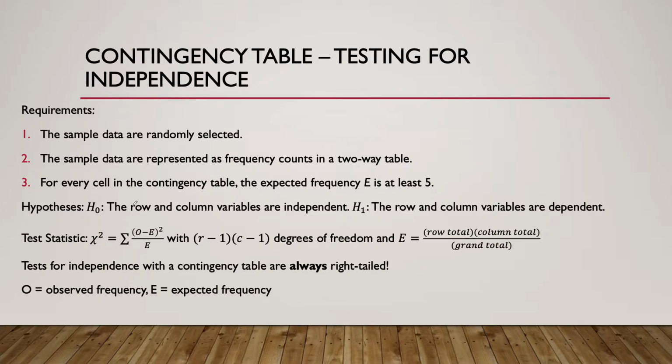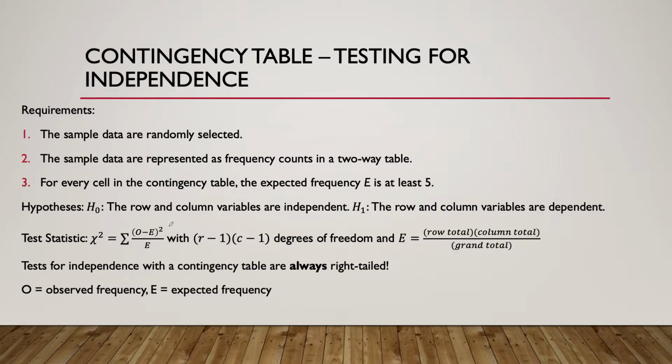The null hypothesis is that the row and column variables are independent. The alternative is that the row and column variables are dependent. The test statistic is chi-squared equal to the sum of observed frequency minus the expected frequency squared, divided by the expected frequency, with r minus 1 times c minus 1 degrees of freedom.